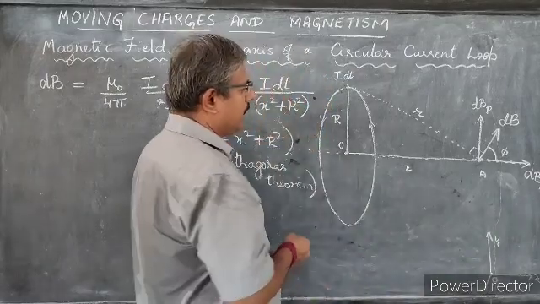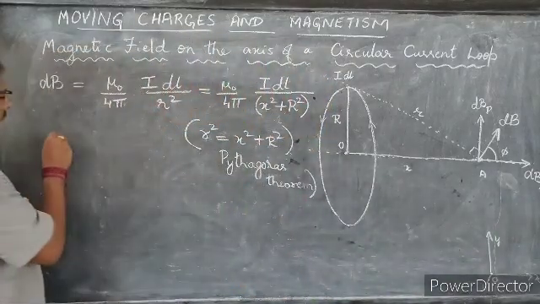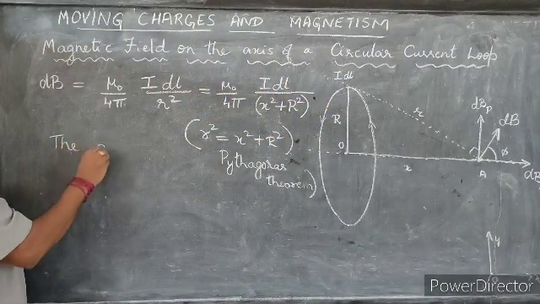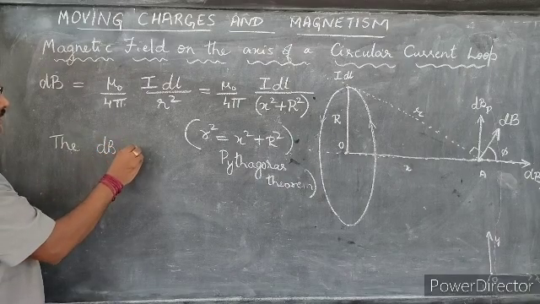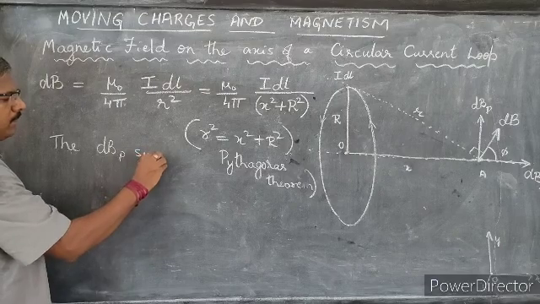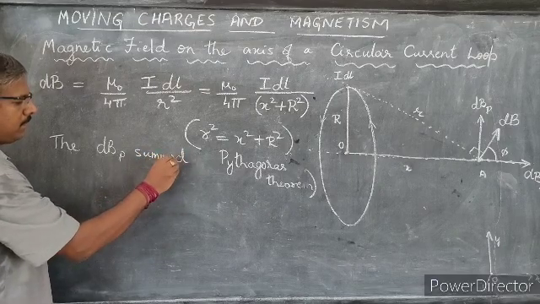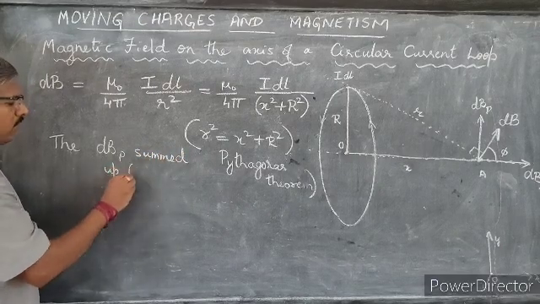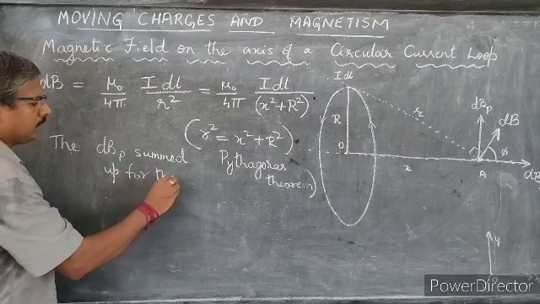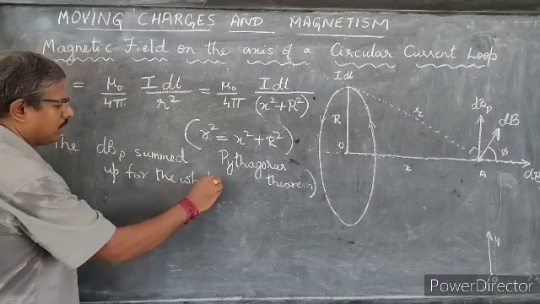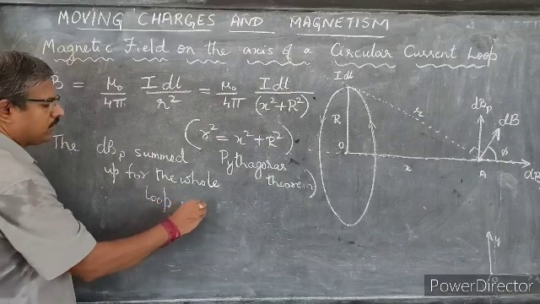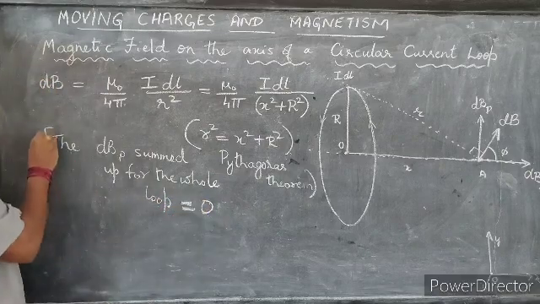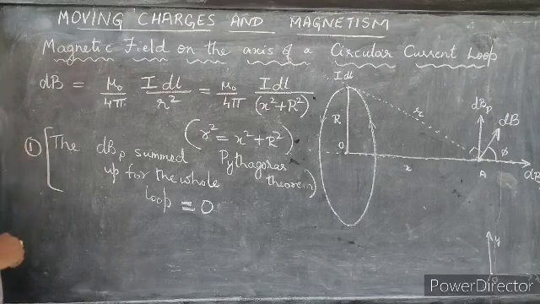So now the dBp summed up for the whole loop is equal to 0.